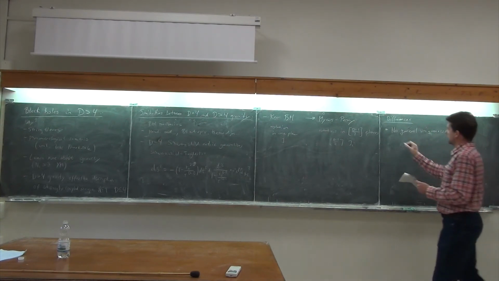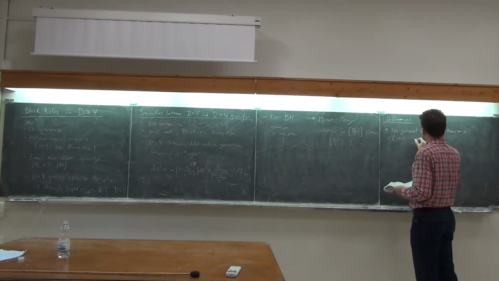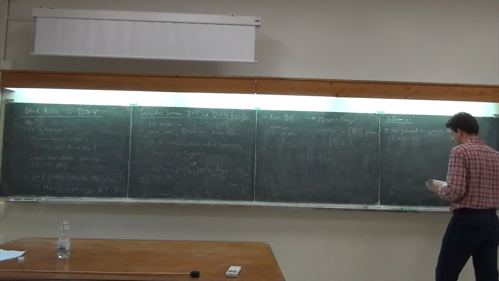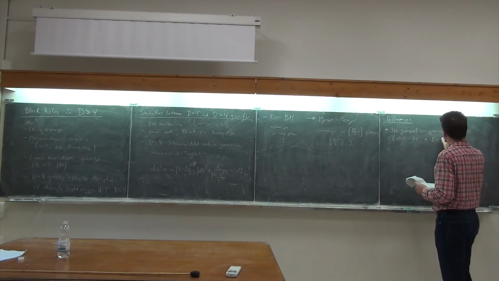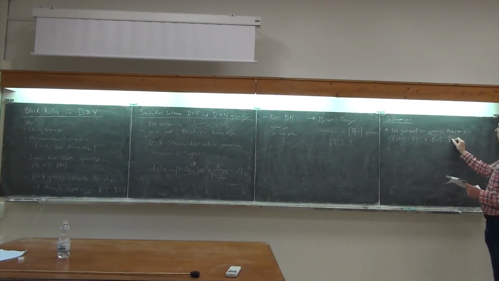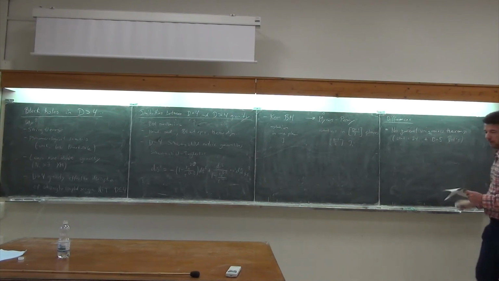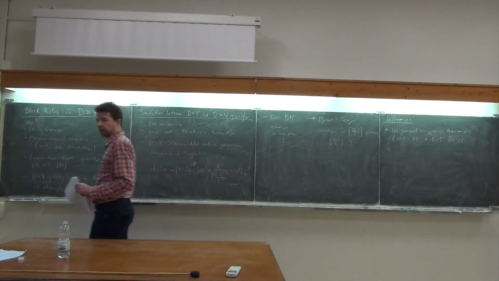So there are some specific cases for static black holes where you have some theorems, and there's also the specific case of 5 dimensions, where you also have some theorems in some restricted cases.